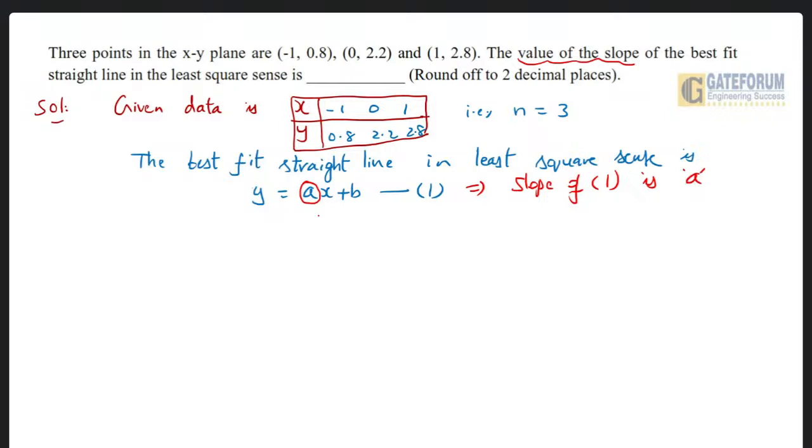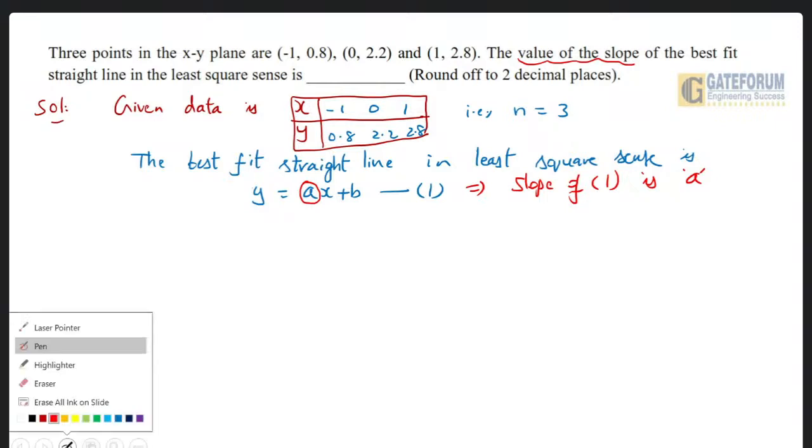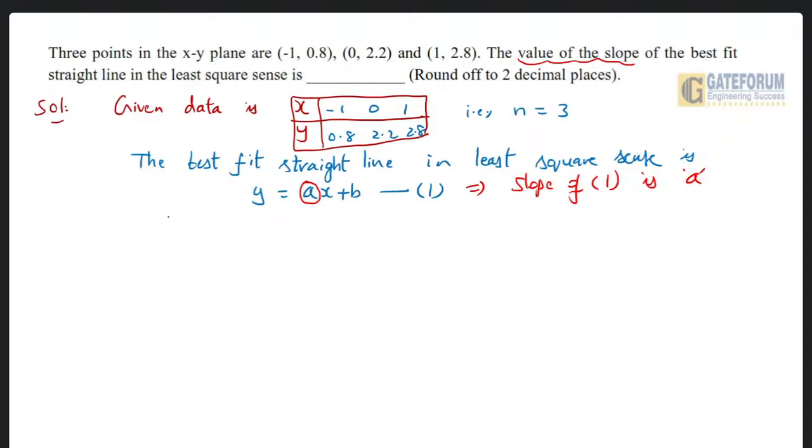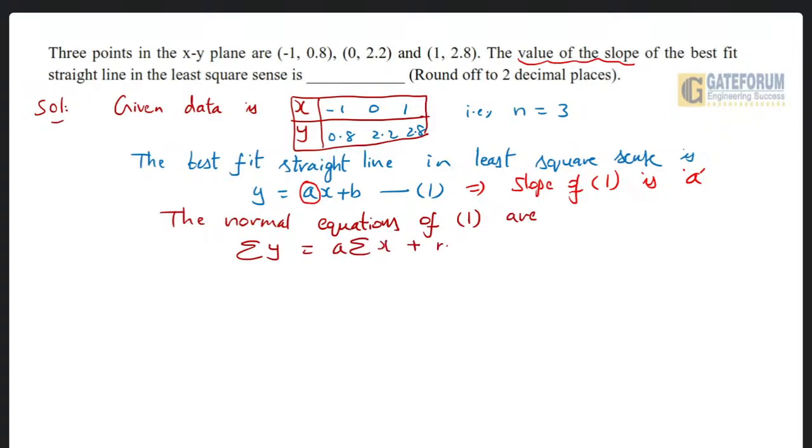Or you can use to find a and b, the normal equations. Two normal equations are there. The normal equations of 1 are first, for the first equation, taking both sides summation, that is sigma y is equal to a times sigma x plus b into sigma 1 means n into b.